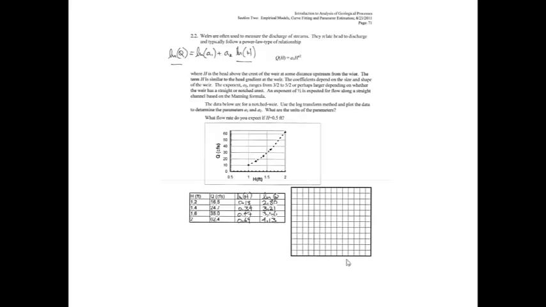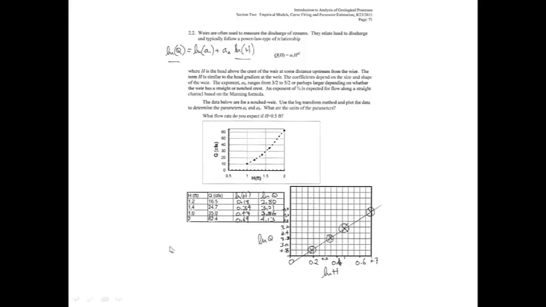Now we're going to plot it up, and we need to determine the range of the axes so that we can have this plot form a fairly reasonable slope. I picked this range along x to go from 0 to 0.7.